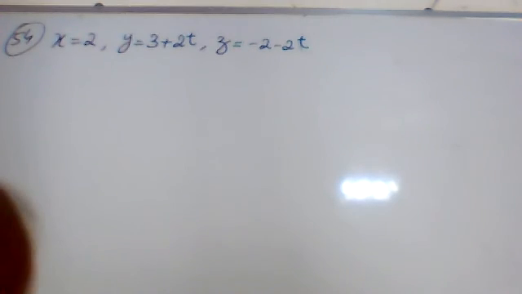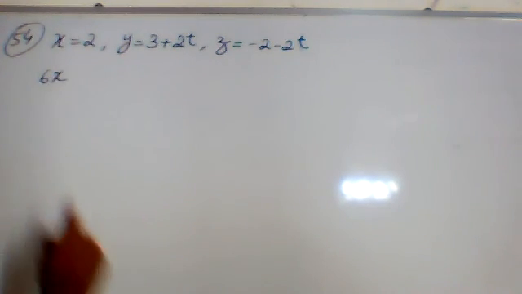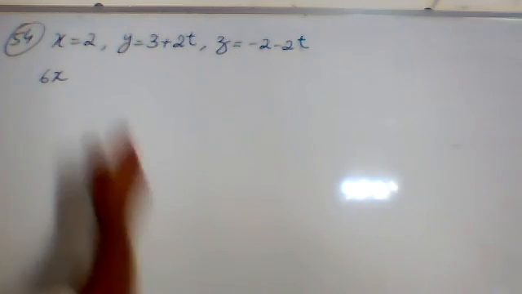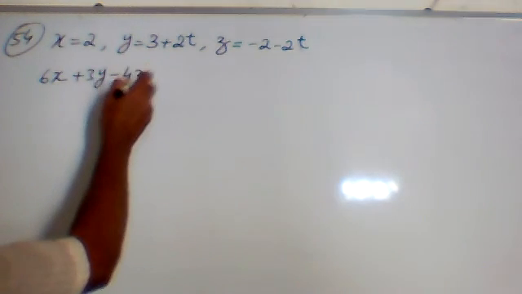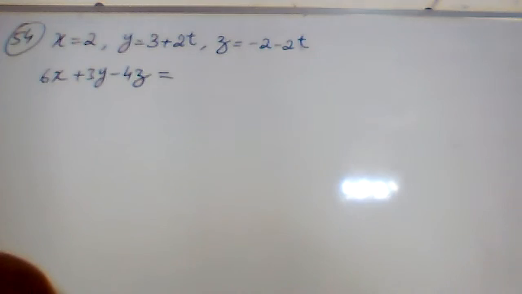And the equation of the plane is 6x plus 3y minus 4z is equal to minus 12.